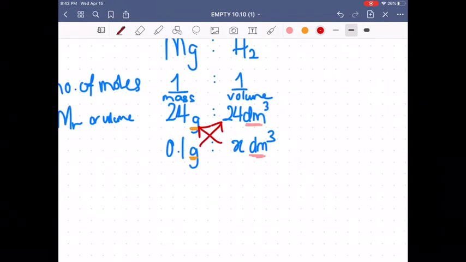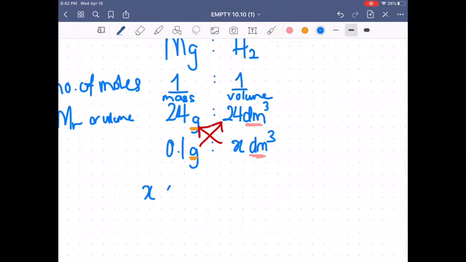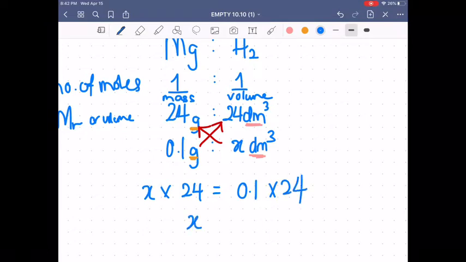So cross multiply as usual. 0.1 bring to the right hand side, the x bring to the left hand side. x times 24 equal to 0.1 times 24. So the 24 you bring to the other side becomes division.